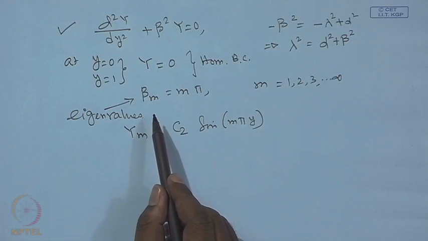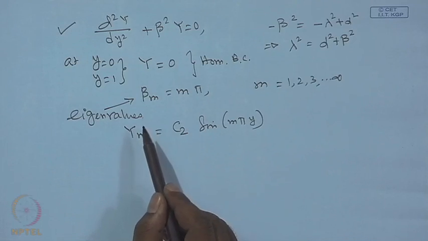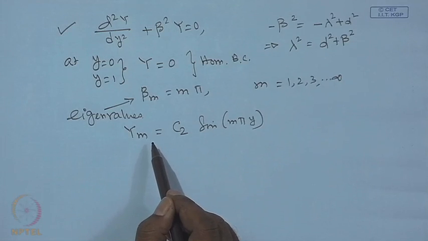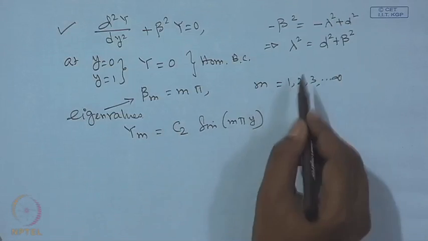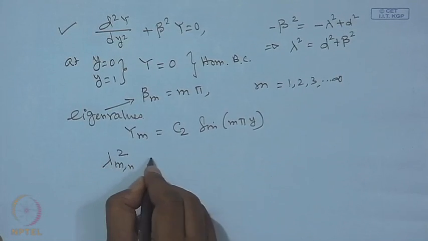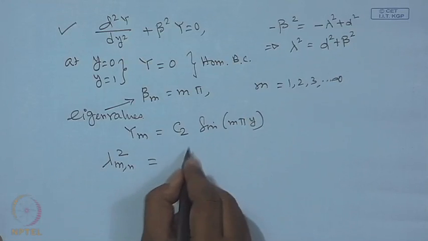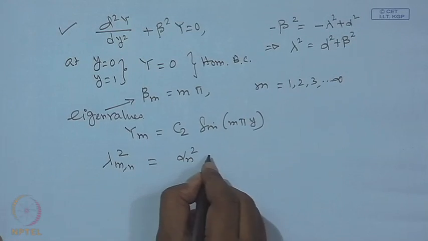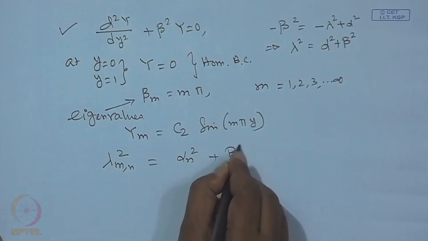We have put an independent index m here, because this is an independent eigenvalue problem. On the other hand, the x varying part was also an independent eigenvalue problem with the index n, and this will be an independent eigenvalue problem with index m. So, therefore, lambda we can write as lambda m n. So, lambda m n square is nothing but alpha n square plus beta m square.